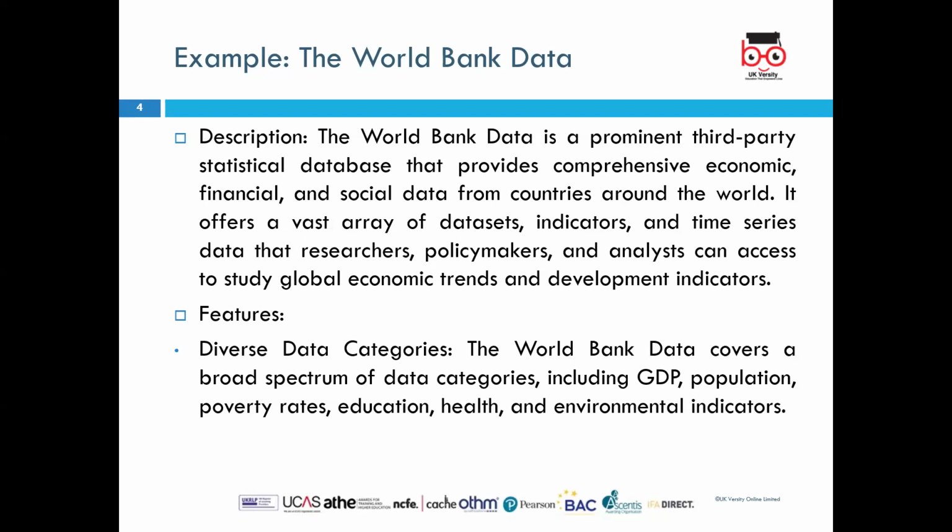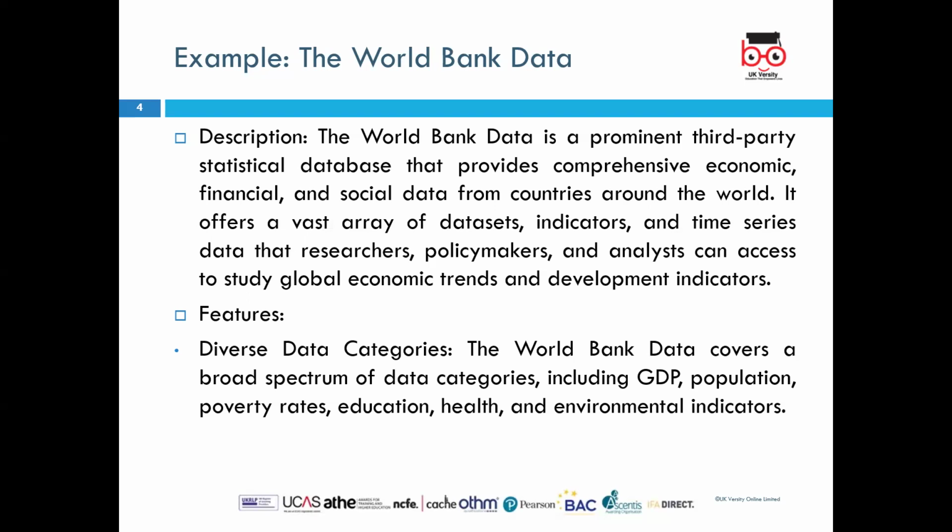So let us look into the main features of the World Bank data. The first one is the diverse data categories. The World Bank data covers a broad spectrum of data categories, which include GDP, population, poverty rates, education, health, and environmental indicators.